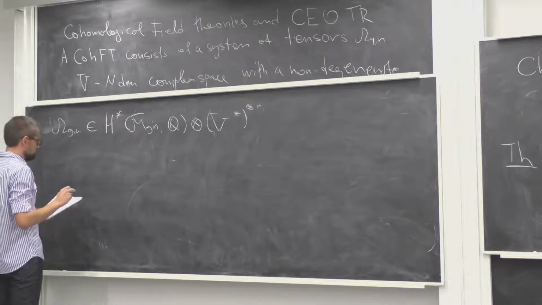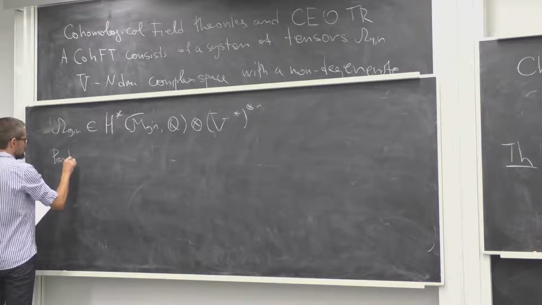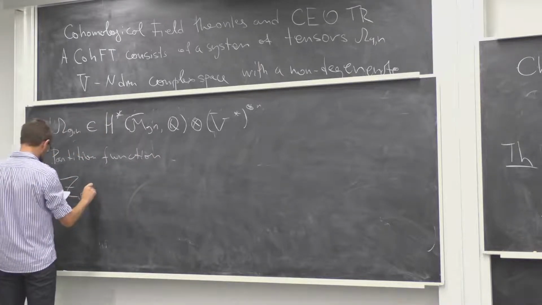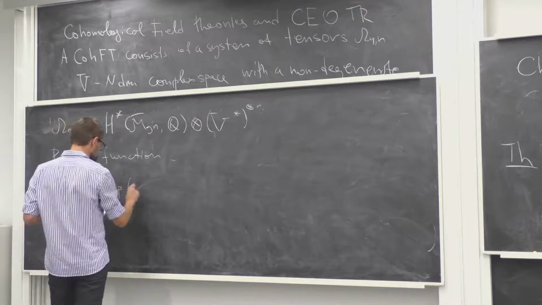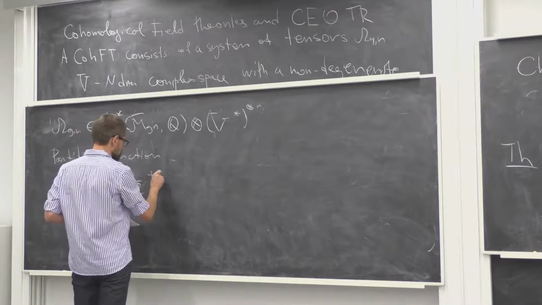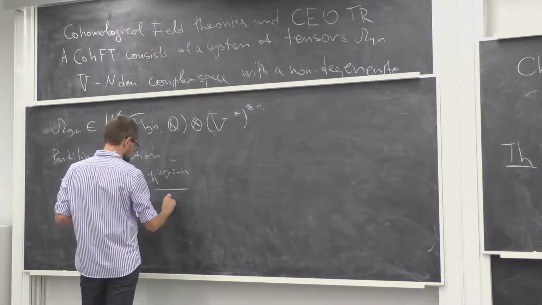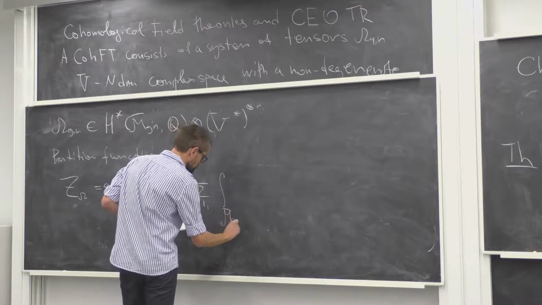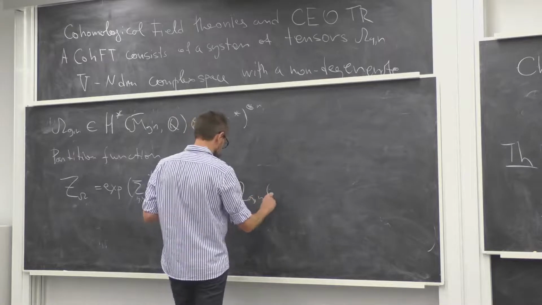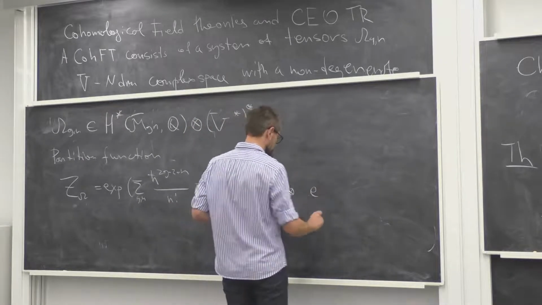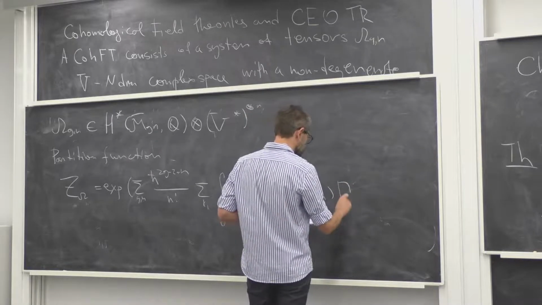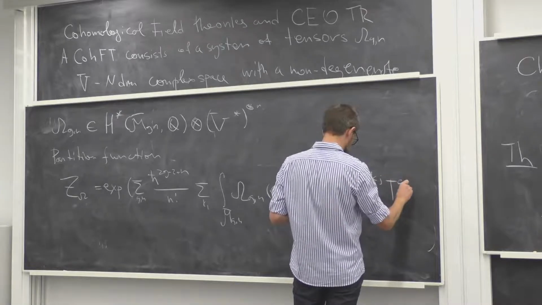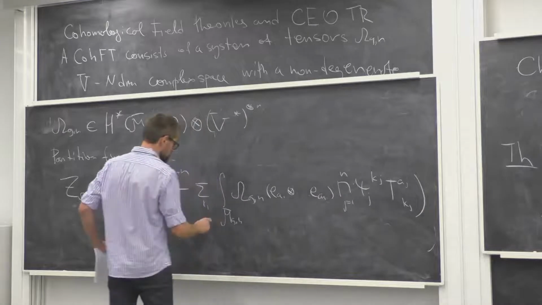But for any cohomological field theory, we can introduce a partition function: the sum over g and m of h bar to the g, of the integral over M g,m of omega g,m times the product over j of psi classes with t variables.